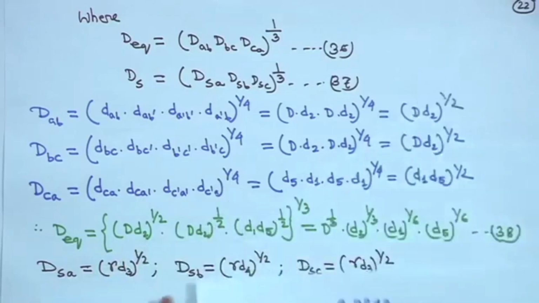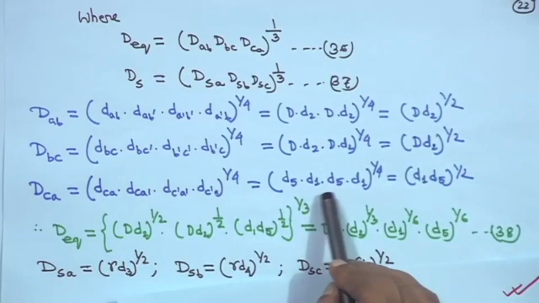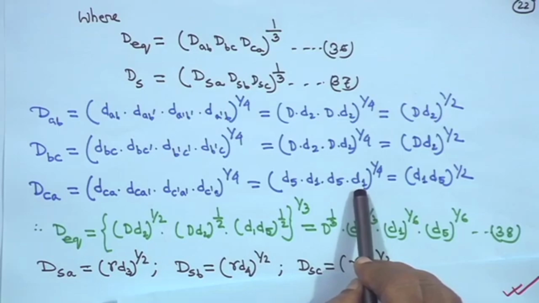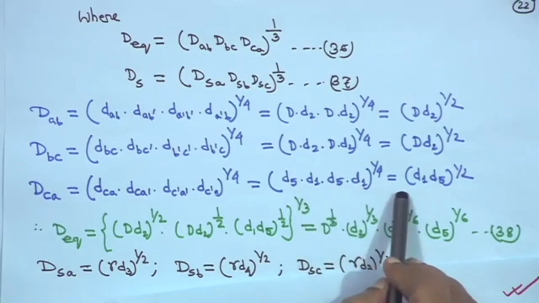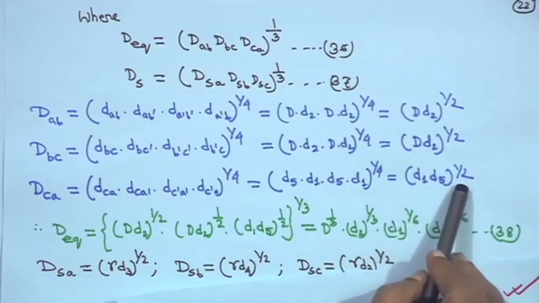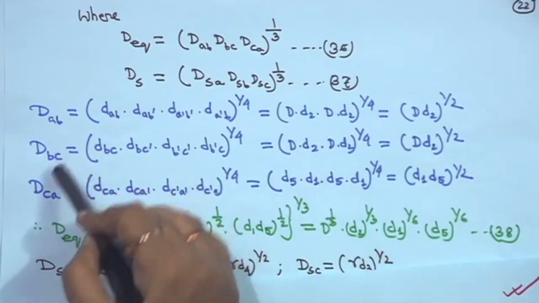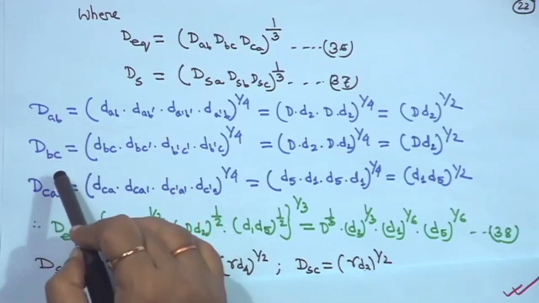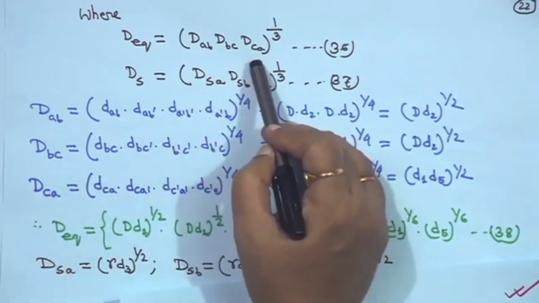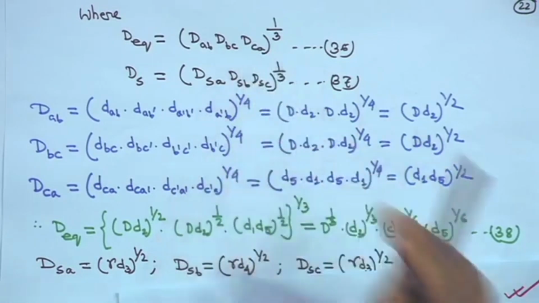That will be D5 into D1 into D5 into D1, that is D5 square D1 square, which is equal to D1 D5 to the power half. So, DAB, DBC, DCA you have got. Now, this DAB, DBC and DCA you substitute in this expression, that is equation 35.